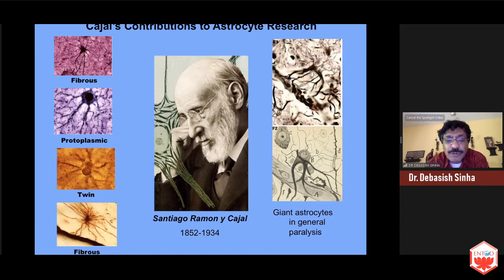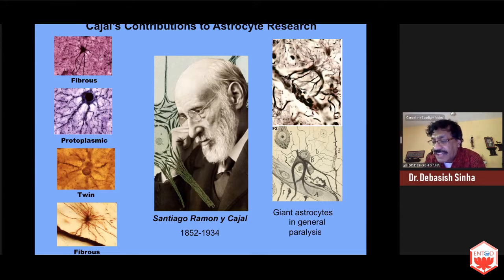But still, if you look back, and here I'm showing the work of Santiago Ramon y Cajal, a Spanish scientist, his work in the early 1900s, about 100 years back, is still recognized today and is based on what he did on a particular cell type, the astrocytes, which are the glial cells, mostly in the brain and also in the eye.